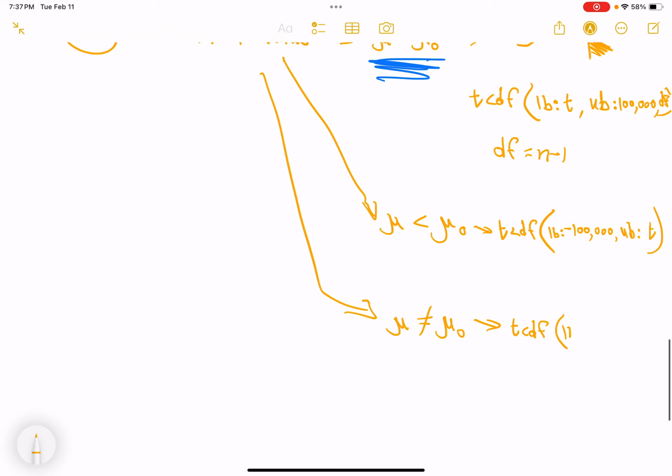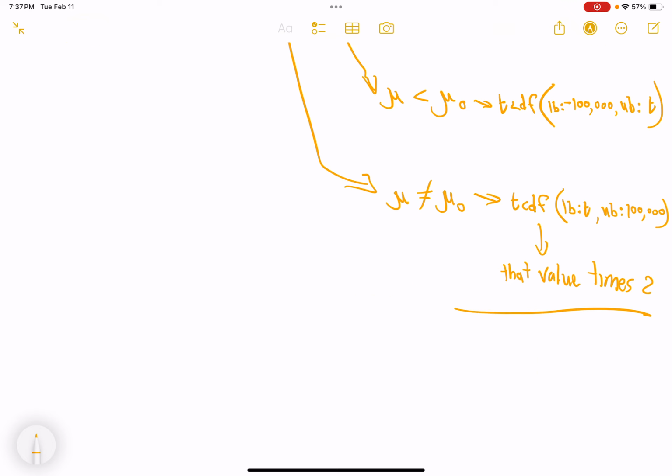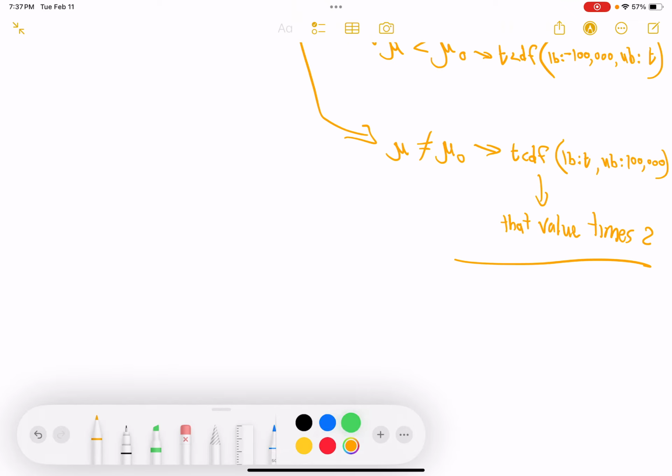So let's say you do lower bound t statistic, upper bound 100,000. And then you will take that value and you will multiply it times 2 to get both tails. And that's it. We move on to slide 19. And on slide 19, I give you the secret sauce. Let's say you're like, Mr.